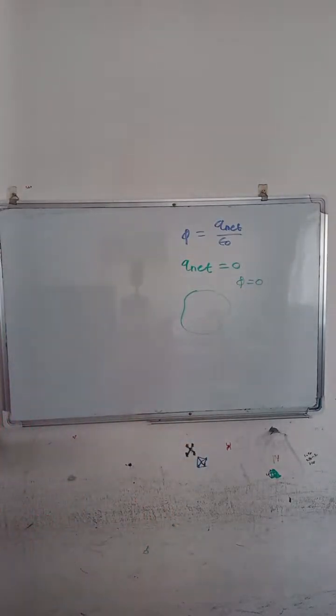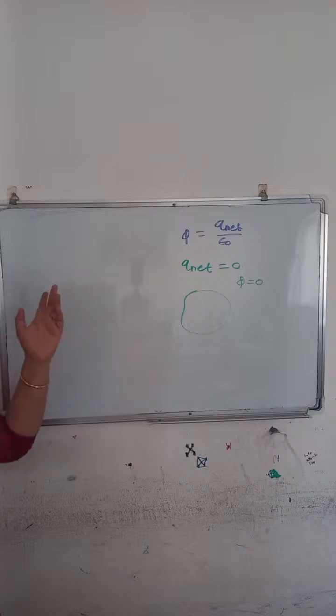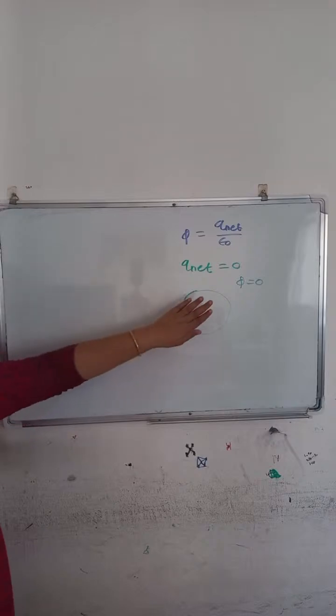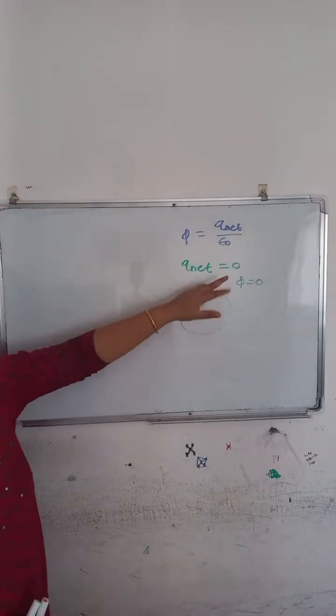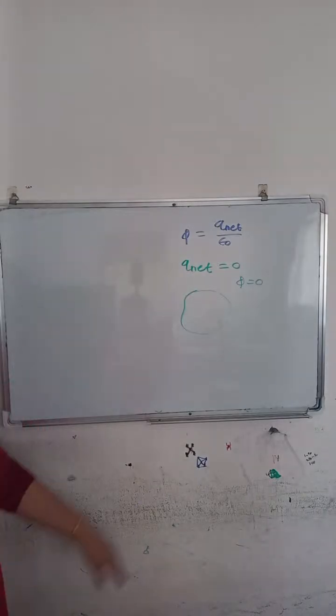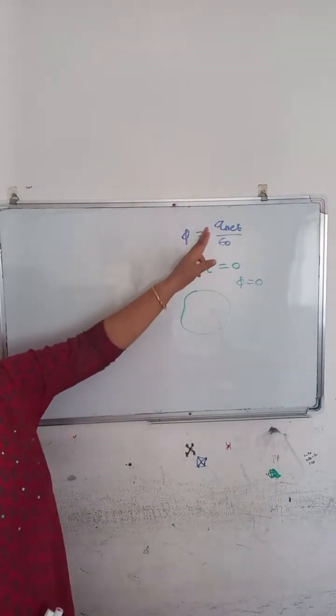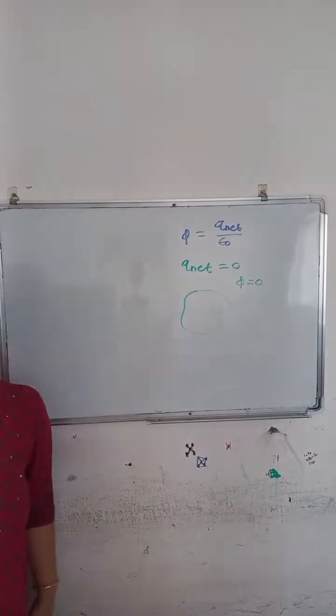Correct? So if we use this formula, we will get option 1, no net charge is enclosed by the surface. Maybe there is no net charge, meaning charges are not present in this field. So q net is equal to what here? 0. If q net is 0, then 0 by epsilon naught is also 0.